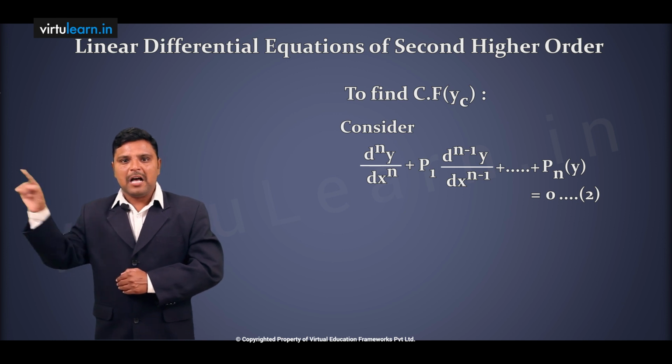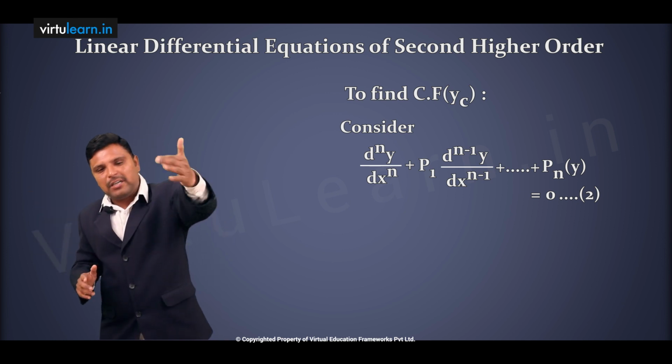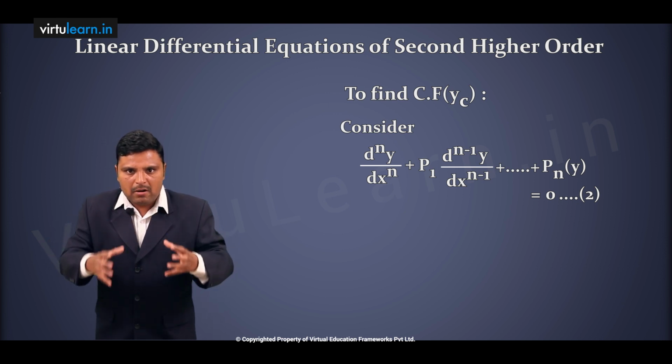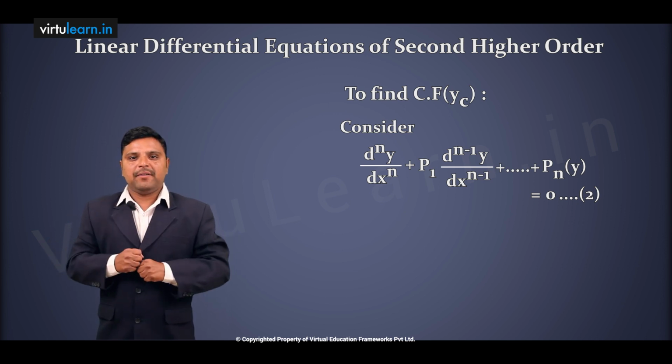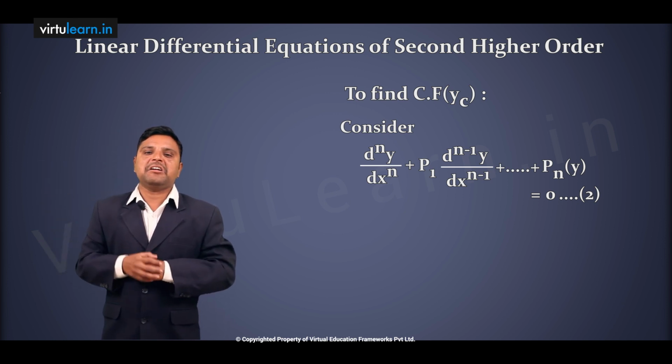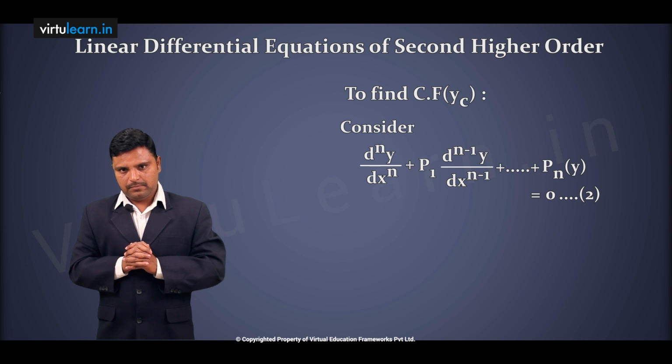The last term, observe this one, is 0. But the actual differential equation has q of x. Since we are calculating the complementary function, I am taking q of x equal to 0 directly.